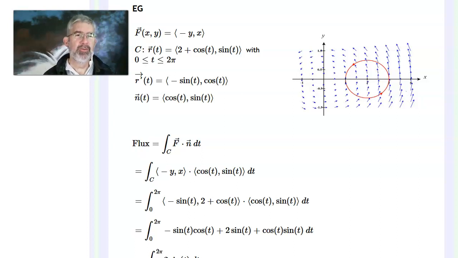They're called sources and sinks. So it's possible that with a closed curve, you could have a positive flux, meaning that you have a source inside and more is coming out than going in, or you could have a negative flux, in which case there would be a sink. And we will discuss that in a video for the next section.